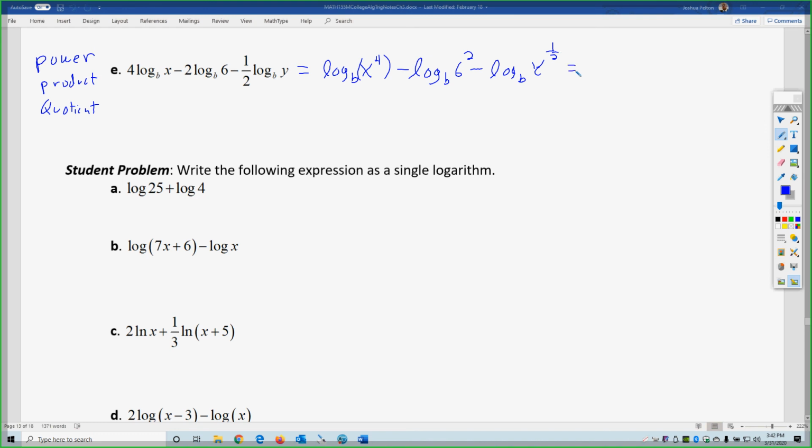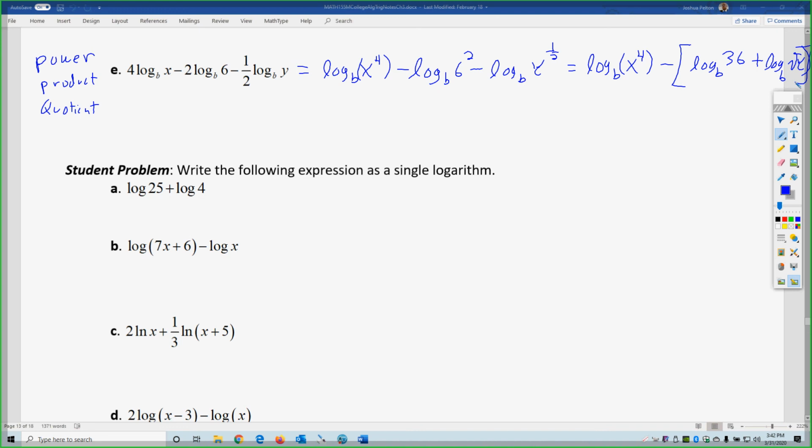So I have log base b of x to the 4th minus log base b of 36, because 6 squared is 36, plus log base b of the square root of y, because that is what y to the 1/2 power is.